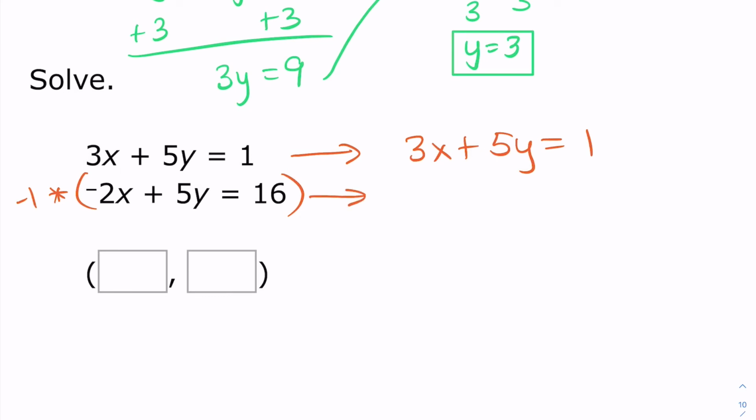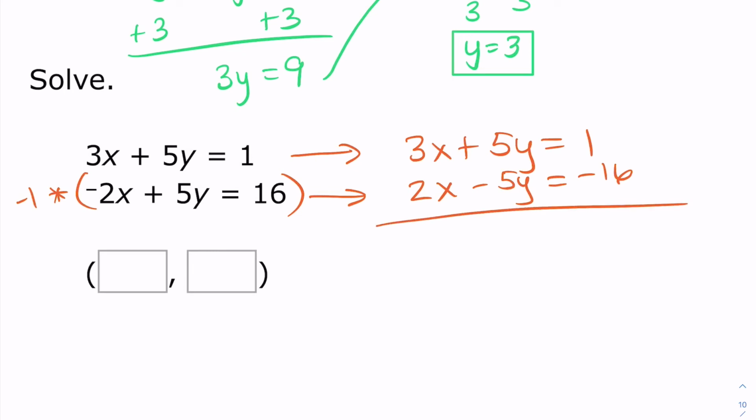So negative 1 times negative 2 is a positive 2. Negative 1 times negative 5 is a negative 5, so negative 5y. And negative 1 times 16 is a negative 16.